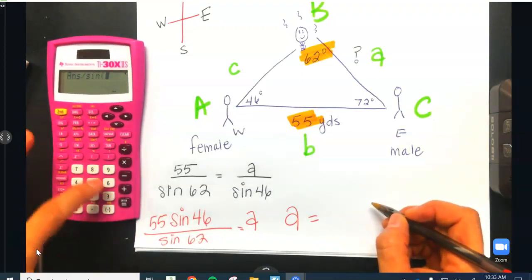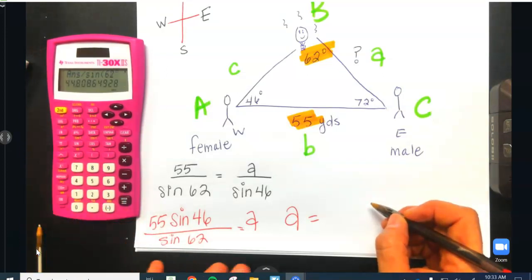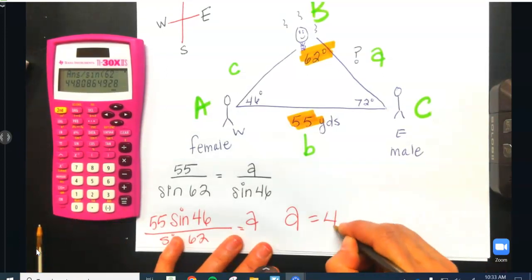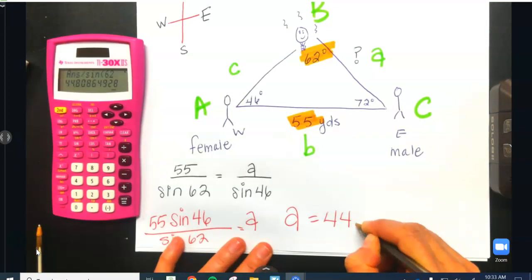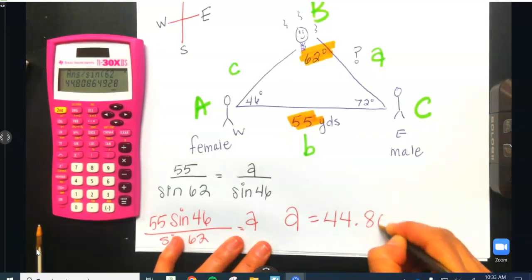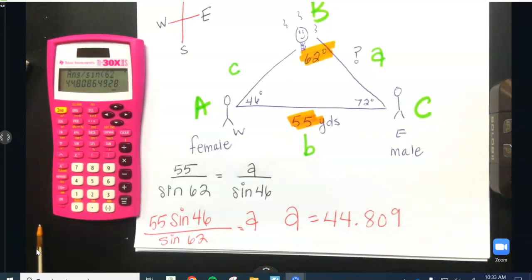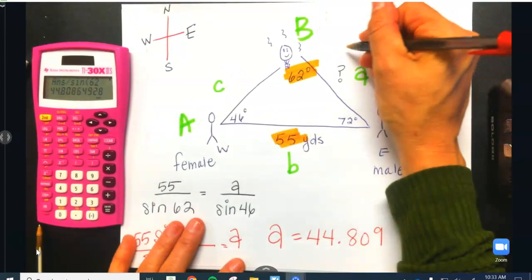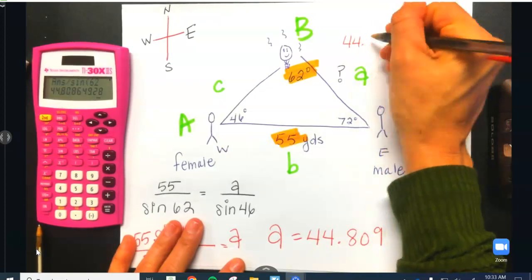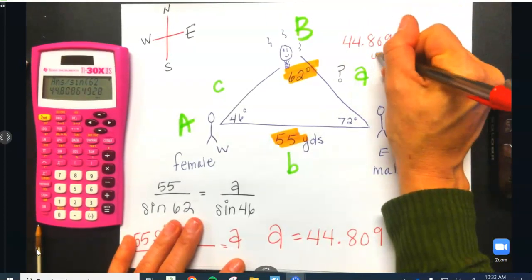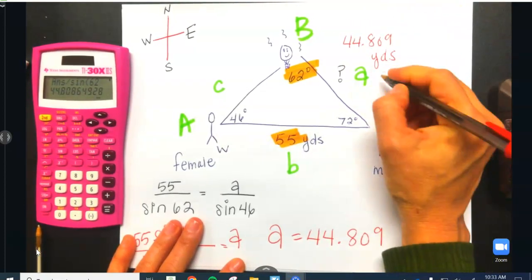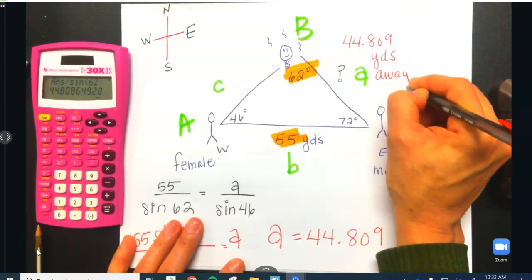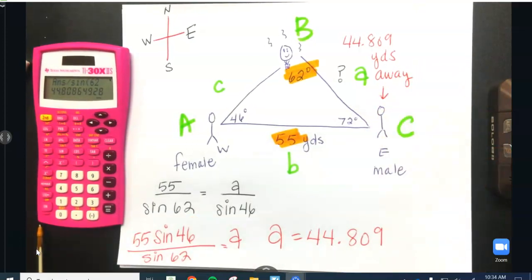Sine of 62. There you go. That's how far that balloon is from that guy. So how far away is that balloon? That balloon is 44.809 yards away from the guy. That's it.